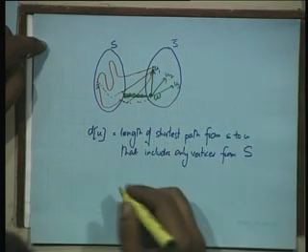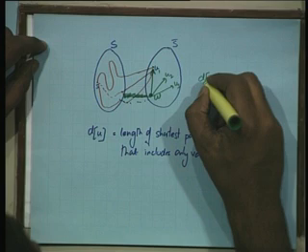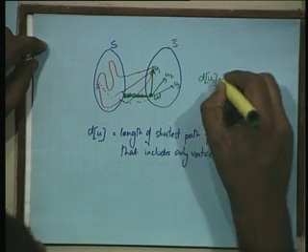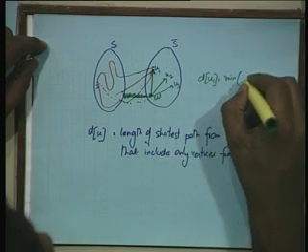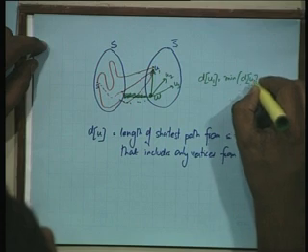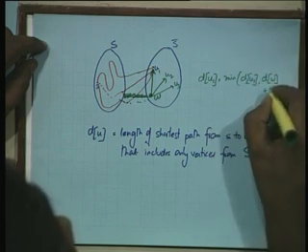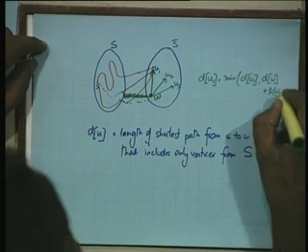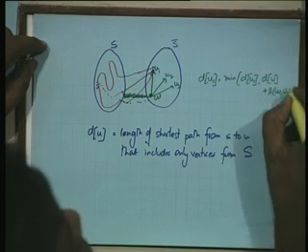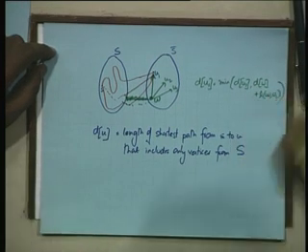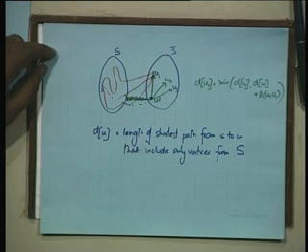So, we are going to update D of u1 equals minimum of D of u1 comma D of W plus L of W comma u1. Yes, this is how we are going to update.